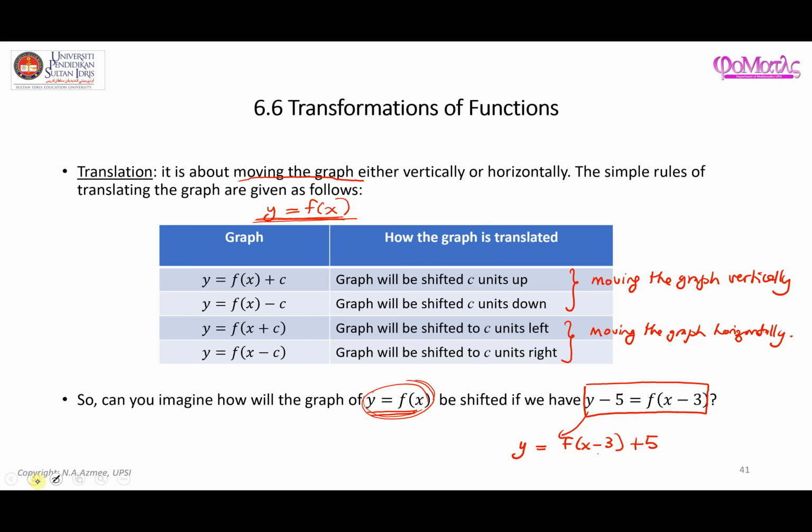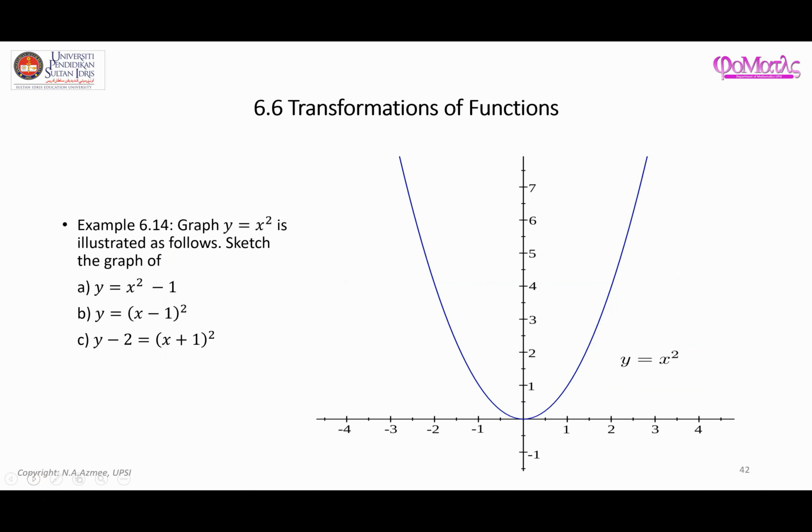So now let us look at some examples where the graph of y equals to x squared is given by this blue curve here. Let us try and sketch the graph of y equals to x squared minus 1.